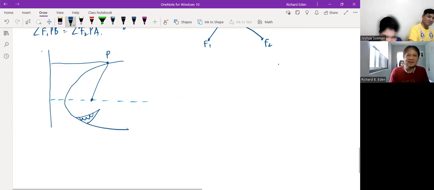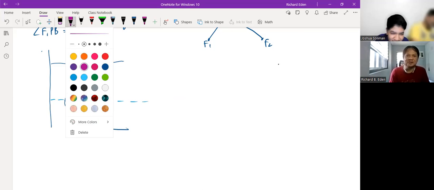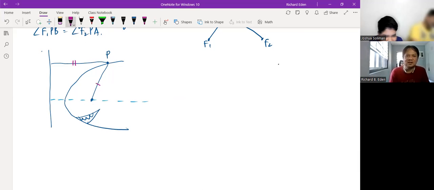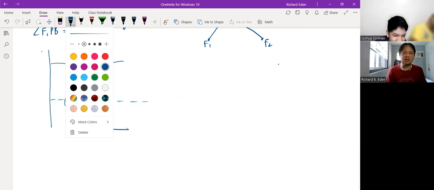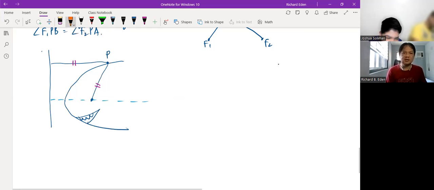Point P, and remember, by definition, P is the collection of all points having the same distance from the focus and the directrix. Hence, those two segments are marked as congruent. So now, we want to consider this scenario.